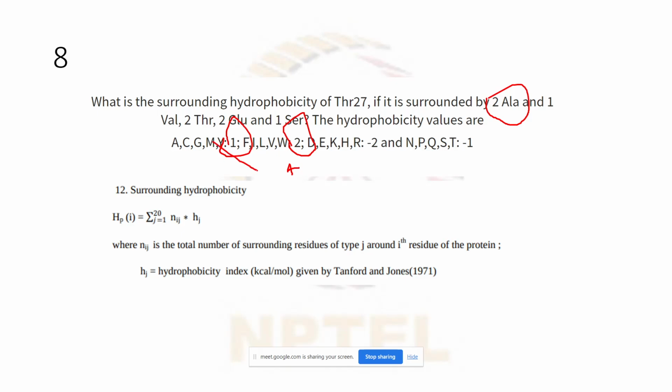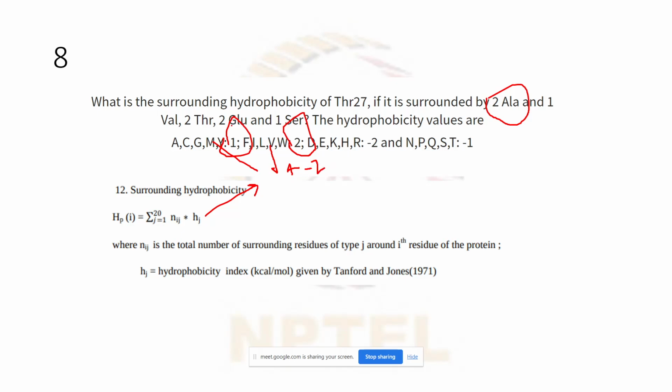That means a value from here and a value from here using this formula. Next I have 2 threonines, that means 2 into the value, which is minus 1. So now 4 minus 2.